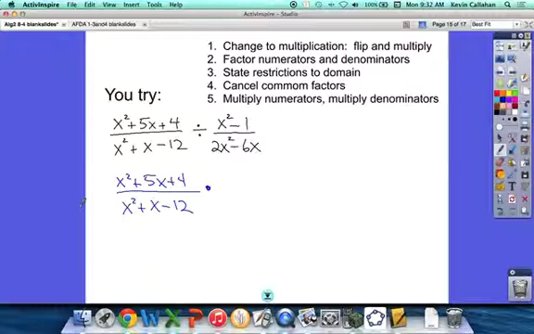So what's the second fraction going to look like? Flip it.